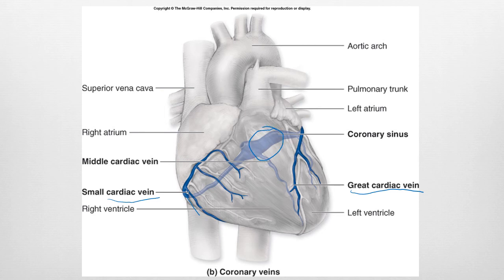The small cardiac vein comes around from the right side and wraps itself around to drain into the coronary sinus as well. And then the middle cardiac vein comes up the posterior interventricular sulcus. It's coming up along the same spot as the anterior side had for blood moving along the anterior side of the heart in that anterior interventricular sulcus.